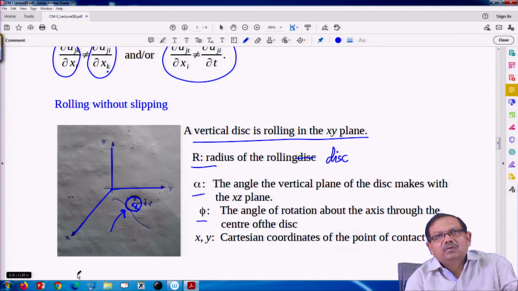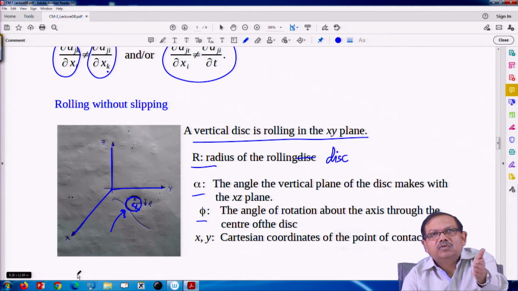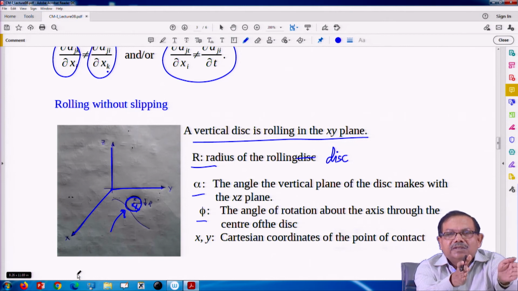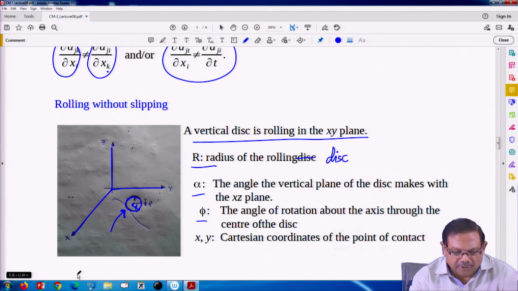It can go in zigzag motion. So, the angle it will make with some fixed xz plane is going to change as it is rolling and moving.